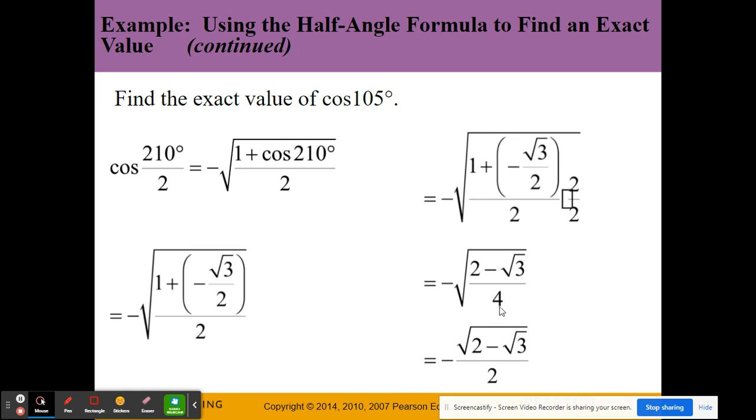The reason why we multiplied by 2 is to make it a square number. Square root of 4 is 2. So notice how now there's no square root in the denominator. So you end up with the opposite of the square root of 2 minus the square root of 3, over 2. You can have a root and a root like that. That's okay. But you just can't have a square root in the denominator, which is why this is simplified.